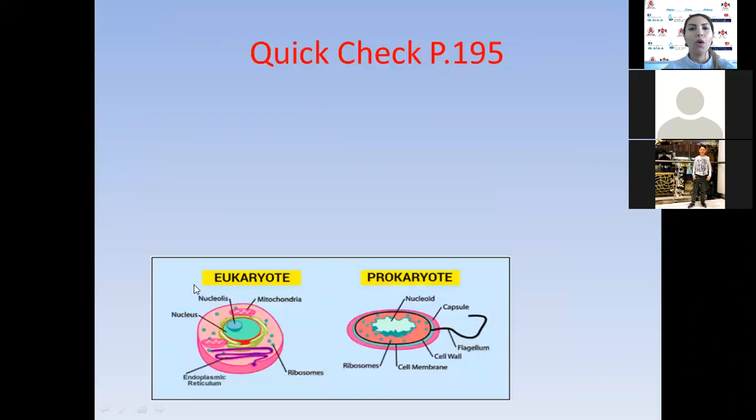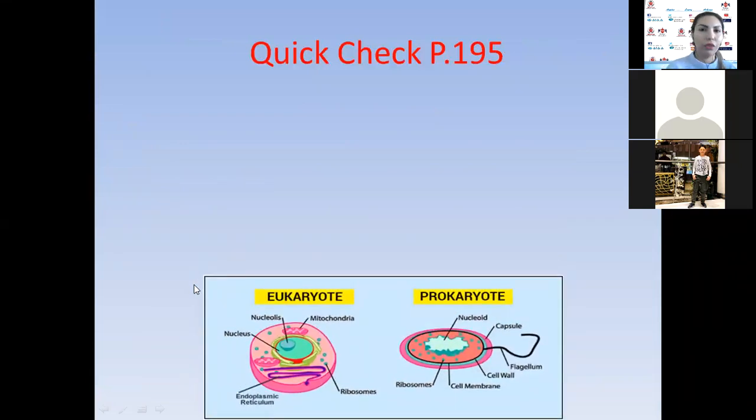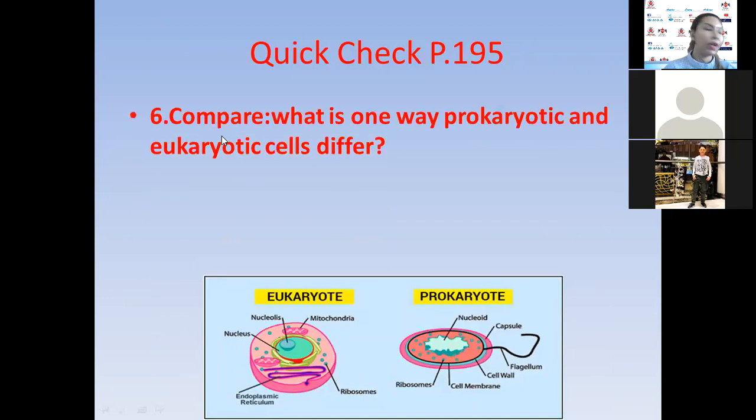Quick check, you can open page 195. Question number 6. Compare: what is one way prokaryotic and eukaryotic cells differ? They are different in what? Ahmed Abdul Halim?